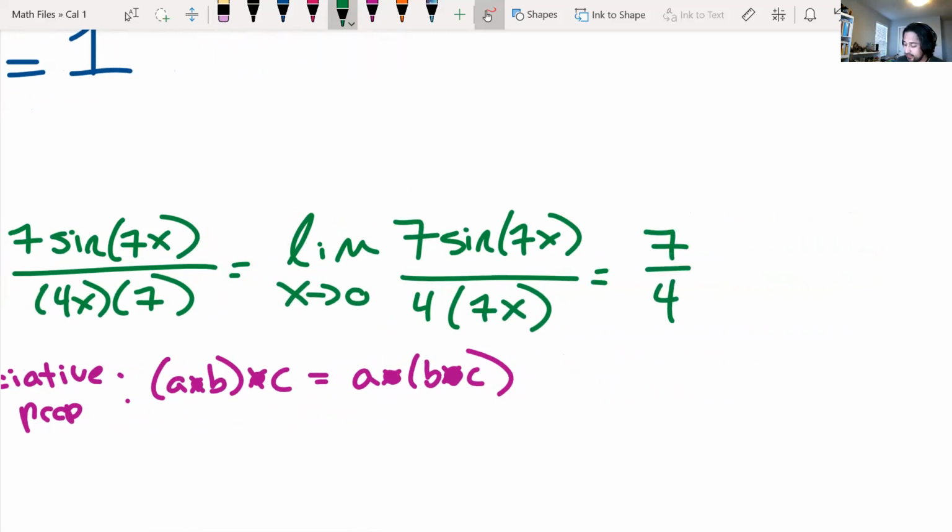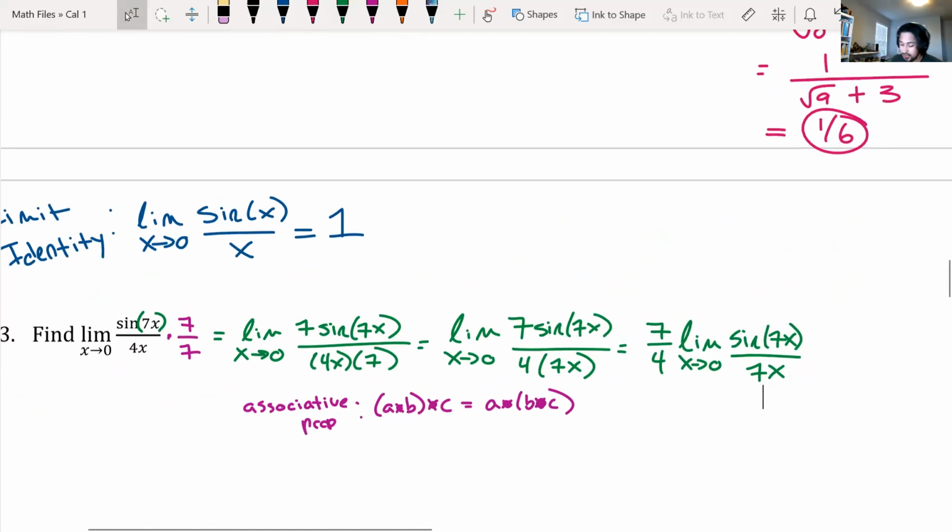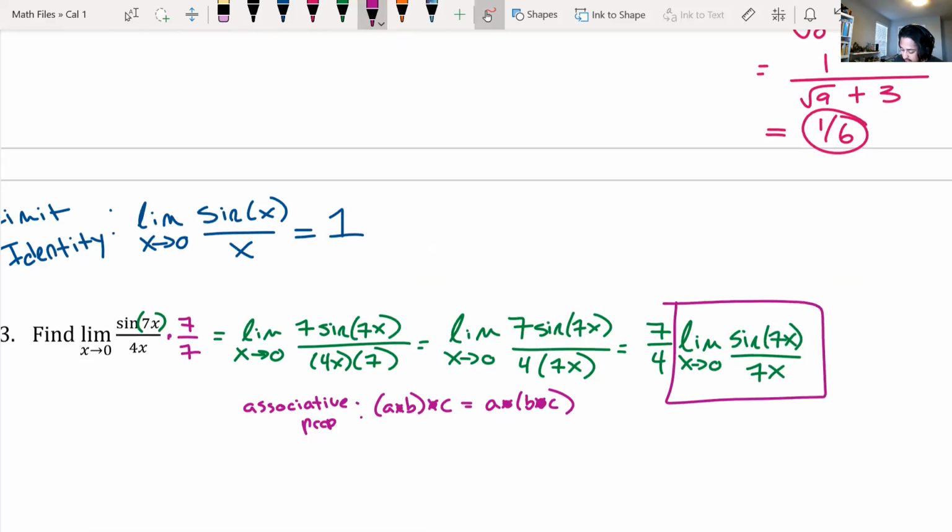So now we're going to get 7/4 times the limit as x approaches 0 of the sine of 7x over 7x. And now I ask you, does this look like this? Yes.